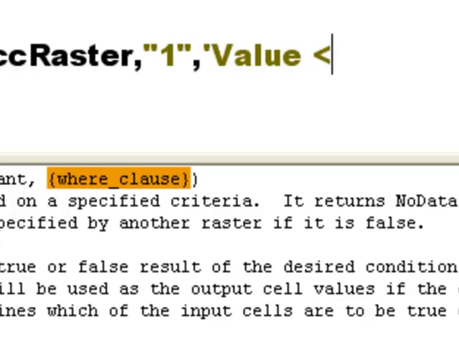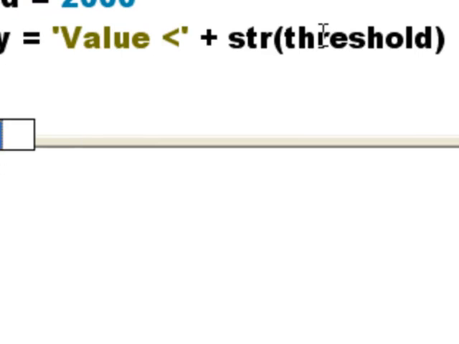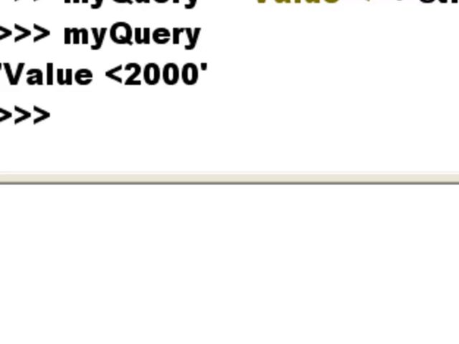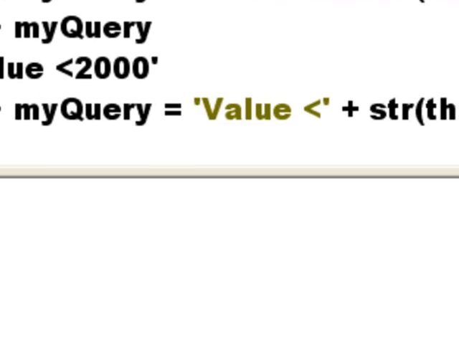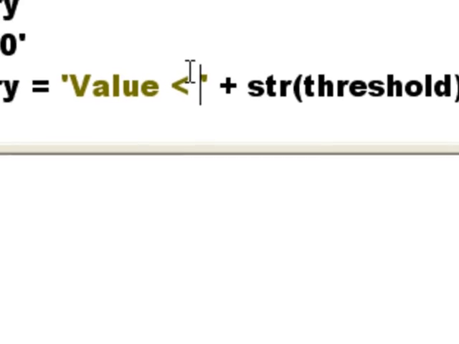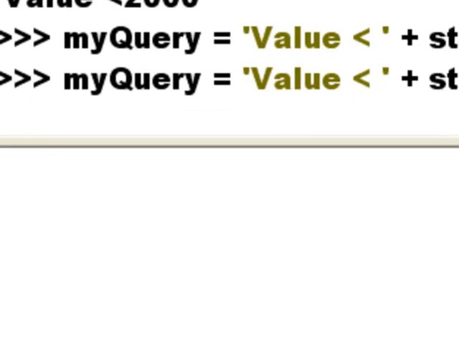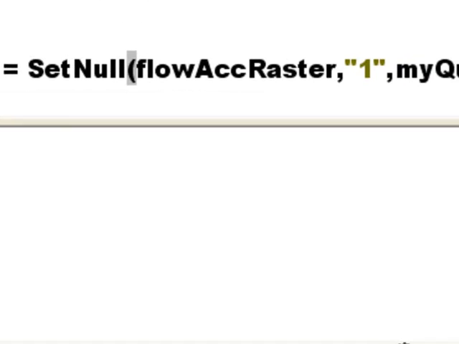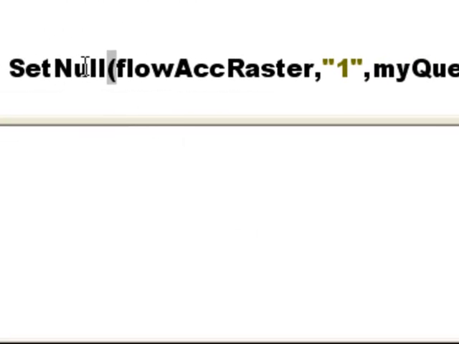So what we'll have to do is make a query before we use this. So we have my query, is the value less than 2,000? Actually, let me put a space there, so a space to separate the operator. So now if we look at my query, we've got a space before the operator and a space after the operator. Okay, so then we run the Set Null tool.